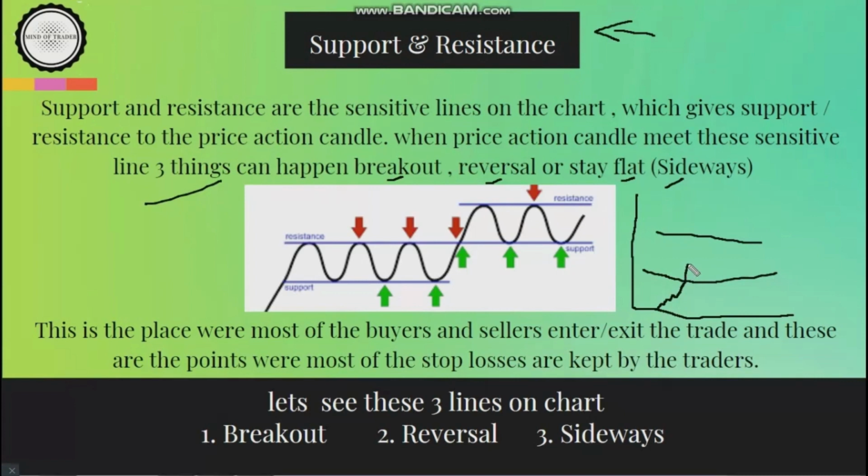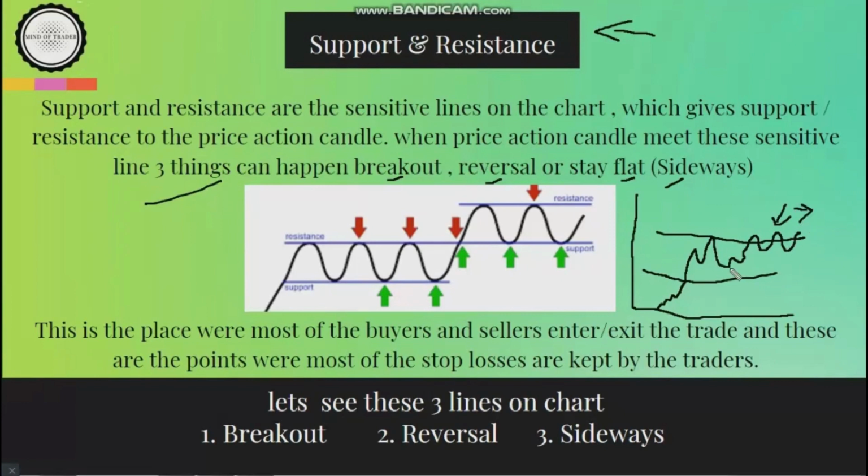In the second scenario, the price action candle is touching the sensitive line, but it could not break the resistance and it gives a reversal. In our third scenario, the price action candle is going up, and when it touches the sensitive line, instead of giving a breakout or a reversal, it starts moving in a sideways pattern. Why this sideways pattern happens, I'll tell you in my future slides.